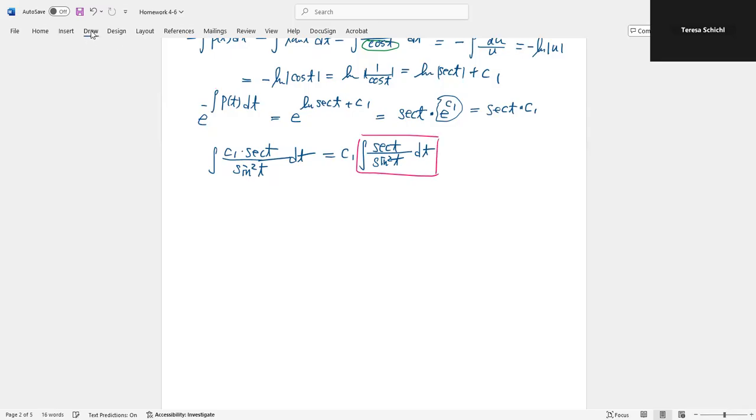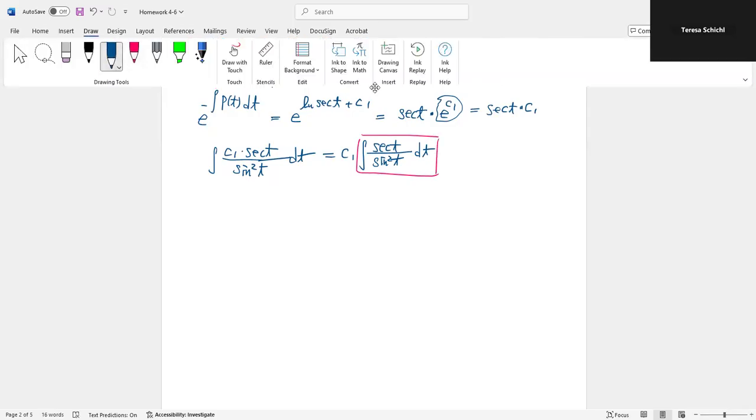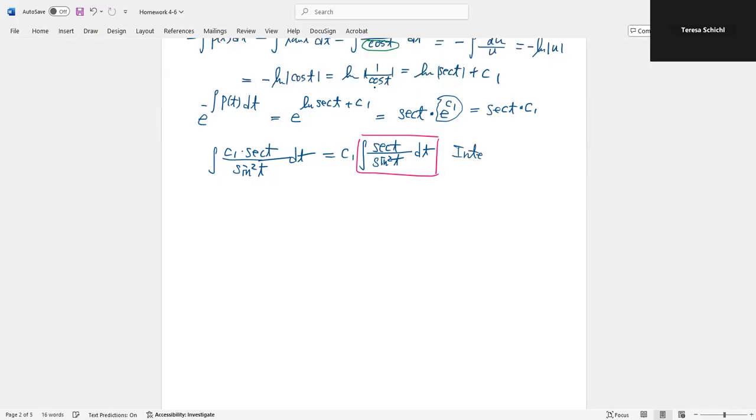So what I want to do is integrate by parts. I will set u equal to secant t. Then du is going to be equal to secant t tangent t, so we take the derivative of secant, secant tangent. Then the remaining is dt over sine squared t, and I call this dv.